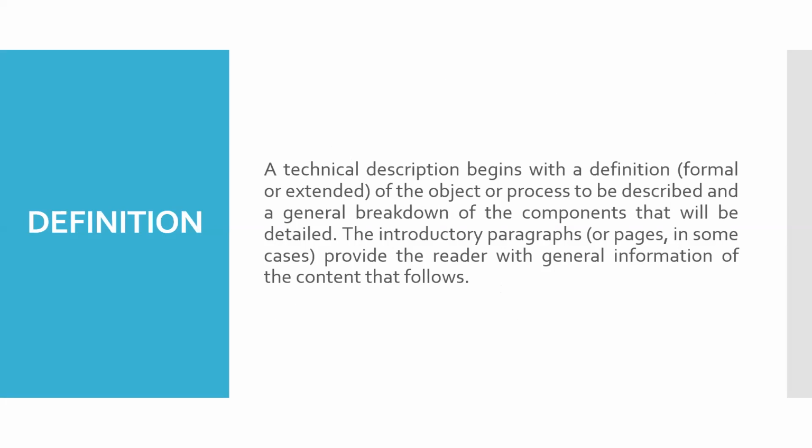Next, we have to define the object or the process. So it should be formal in nature. You have to first write a little generalized description, and then you can go down to the breakdown of the components. Let's say I'll take a simple example.